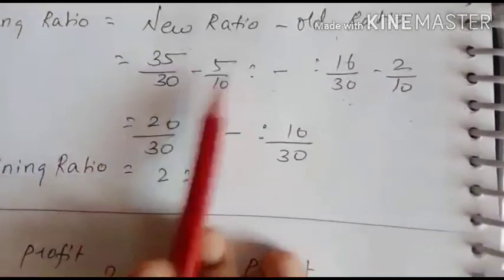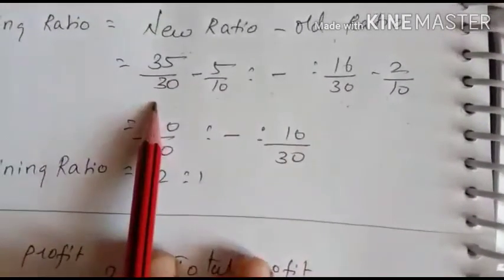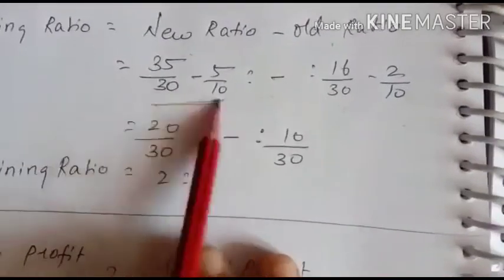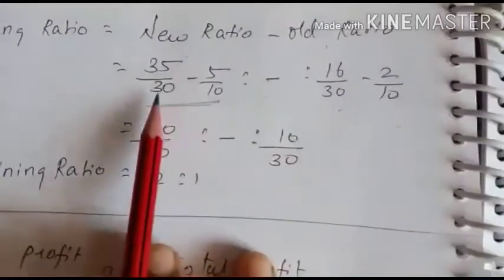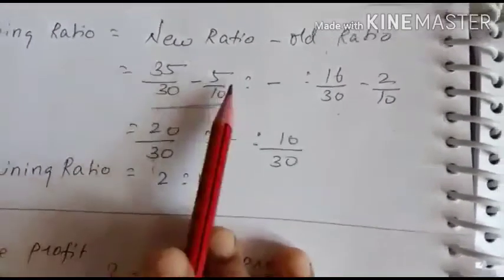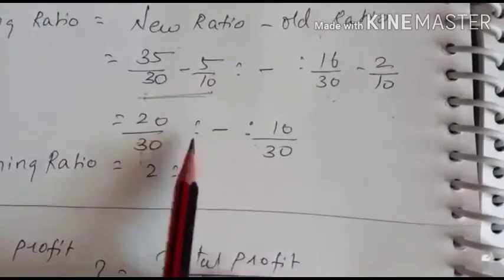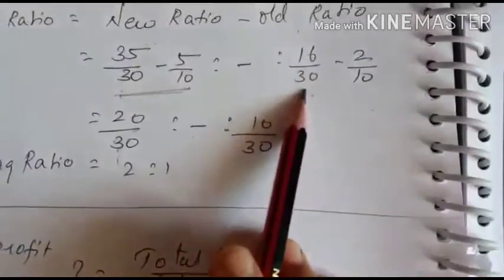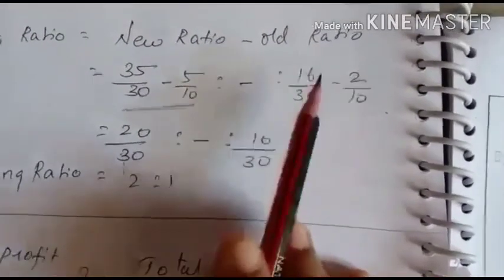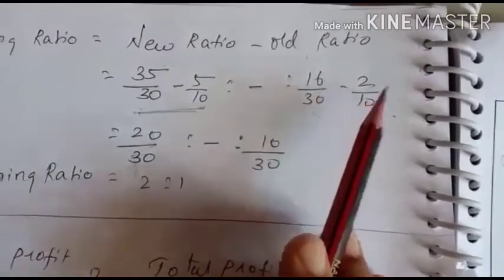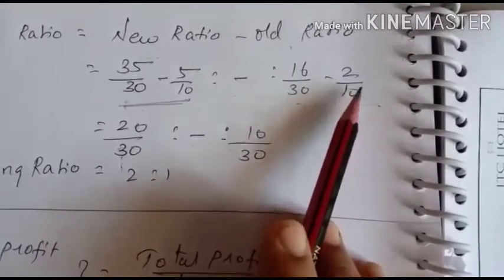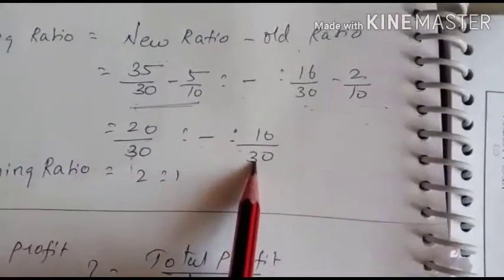We can do this directly because the LCM becomes a common 30. When we take the LCM of 10 and 3, it is 30. So 35 minus 15 is 20. We don't have a Y share. Then here also 30, and 16 minus 6 is 10.